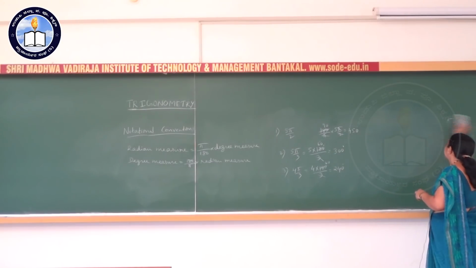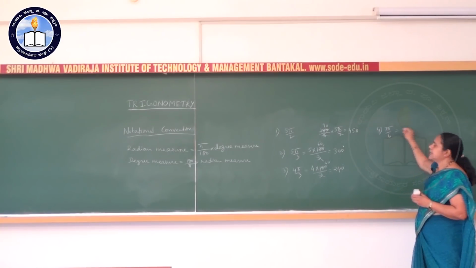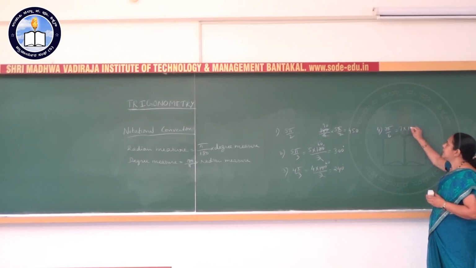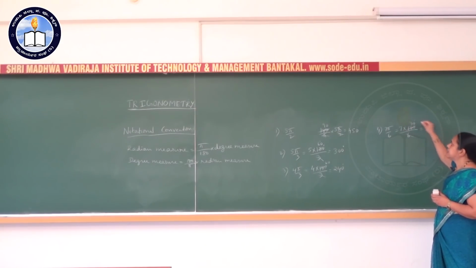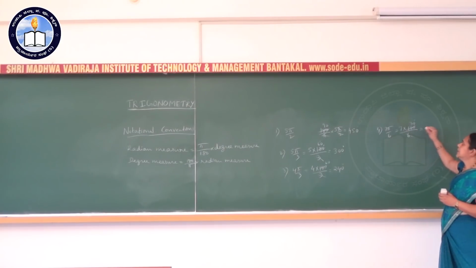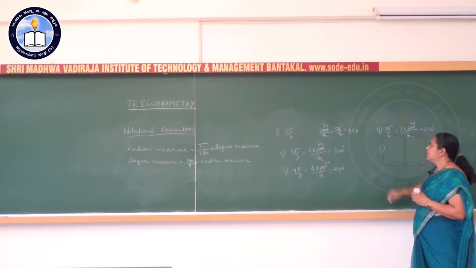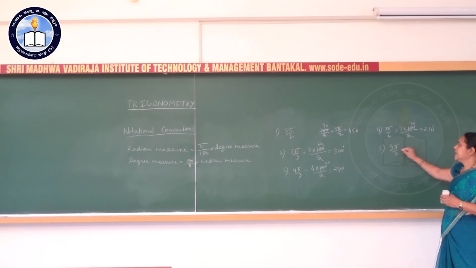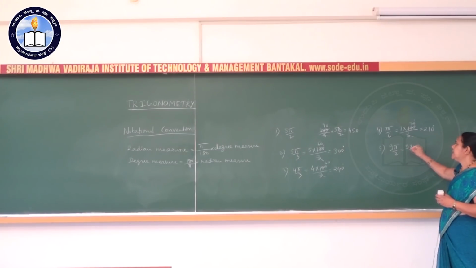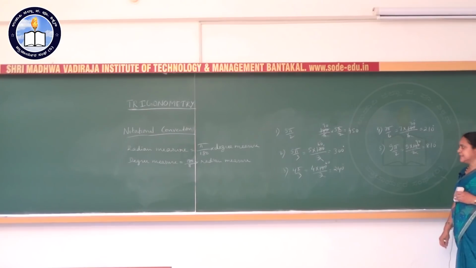What is 7 pi by 6 in degrees? 7 into 180 divided by 6, 6 ones are 6, 30s are, that's equal to 210 degrees. What is 9 pi by 2 in degrees? 9 into 180 divided by 2, 2 ones are 2, 90s are 810 degrees.